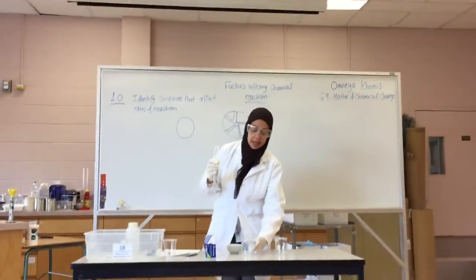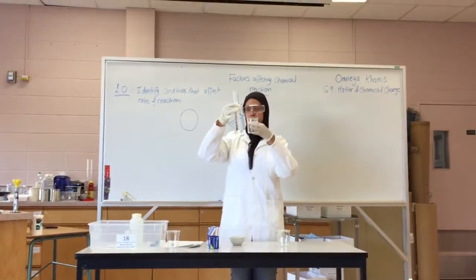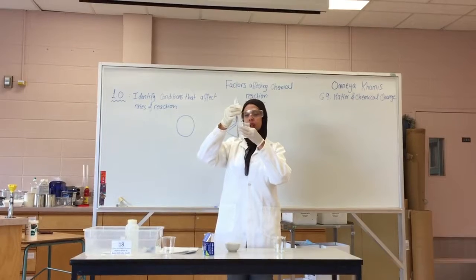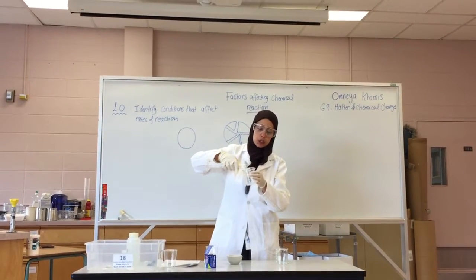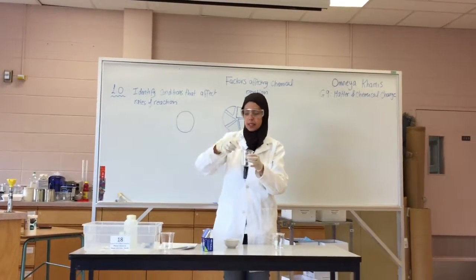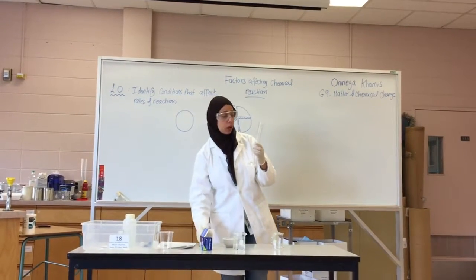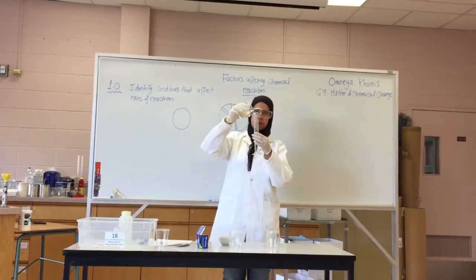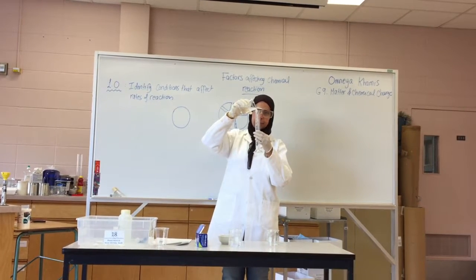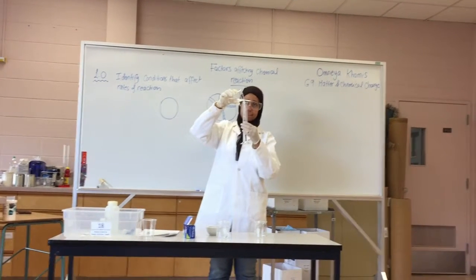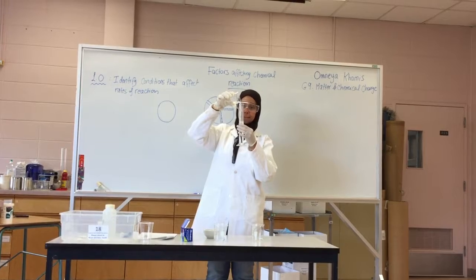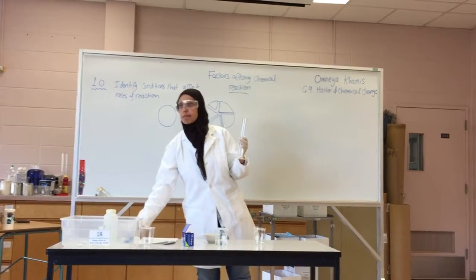So again, is it important to have the same volume of water in each beaker? You said yes. Can you elaborate more on why? Well, the surface area is the manipulated variable, and so all other variables need to be controlled.